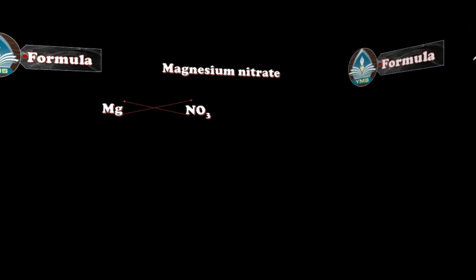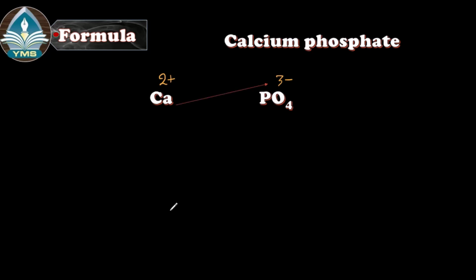Let's look at another example here. We have calcium phosphate, this is calcium and this is phosphate. Calcium, the oxidation number of calcium is 2 positive. And phosphate, from the table, we'll find that it is 3 negative. Now calcium will take the oxidation of phosphate, which is 3.